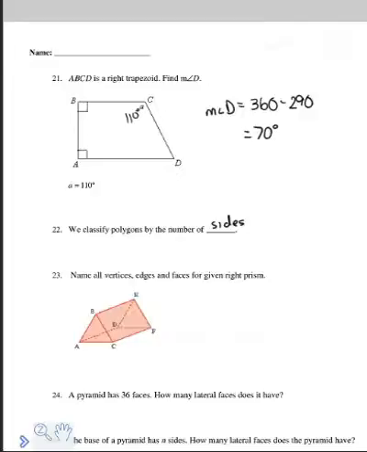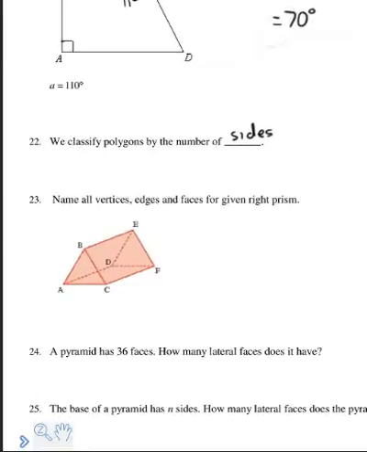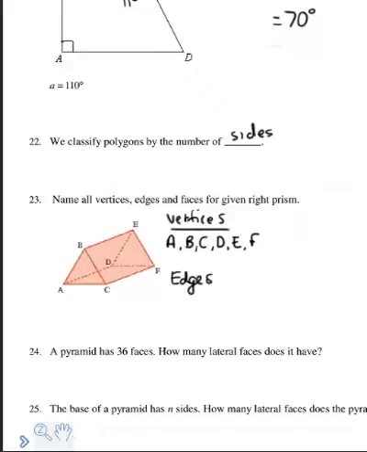Okay, 23. Name all vertices, edges, and faces for the given right pyramid. So let's start with vertices. We just have A, B, C, D, E, F. Edges: we have AB, BC, AC.